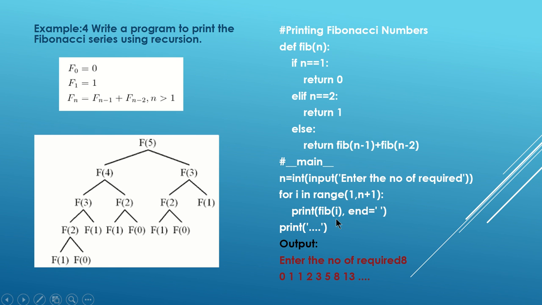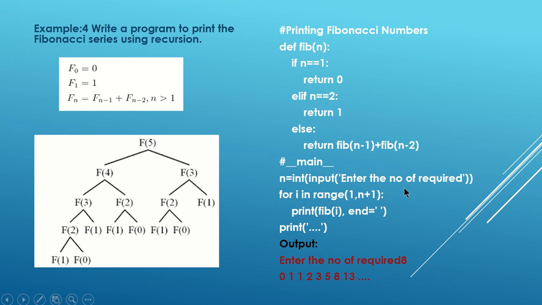Print of Fibonacci of i. When it is called with the value 1, it will immediately print the value 0. When it is called with 2, it will print the value 1. And when it is 3, the two function calls will be made, which will again call the same function twice, and then it will give you the result.